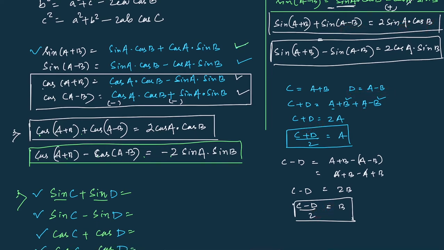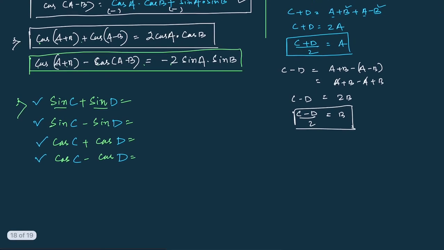So sin c plus sin d is 2 sin of c plus d by 2 into cos of c minus d by 2, because c plus d by 2 is a, and c minus d by 2 is equal to b.